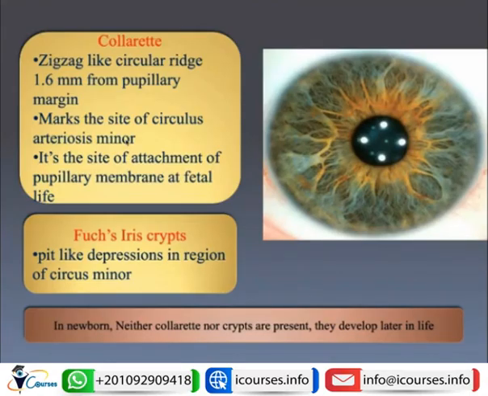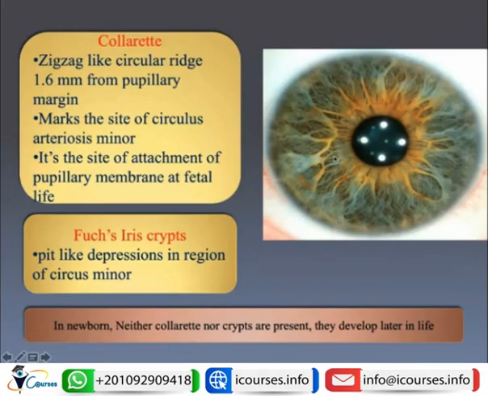The embryological importance of the collarette is that it was the site of attachment of the pupillary membrane. The pupillary membrane was a membrane that was closing the pupil during the embryonic life, that disappeared at the 8th month of gestation, and it was adherent to the collarette.